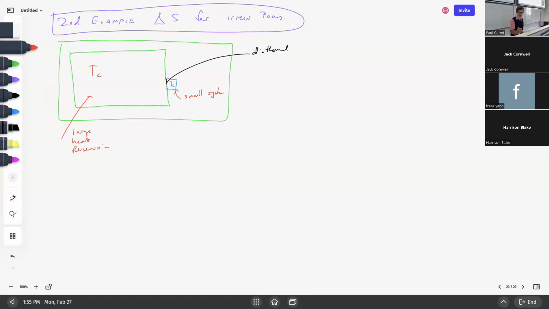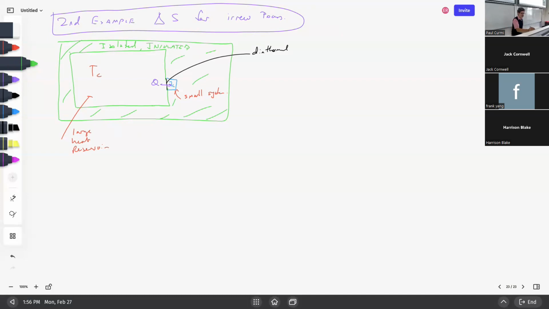So what's going to happen here is heat is going to go that way. It's going to be a flow of heat between high temperature and low. And this is isolated, insulated, so nothing gets in or out, no heat transfer except by that small diathermal wall.